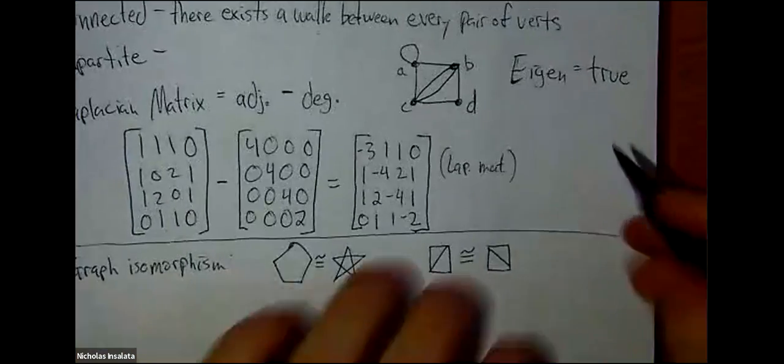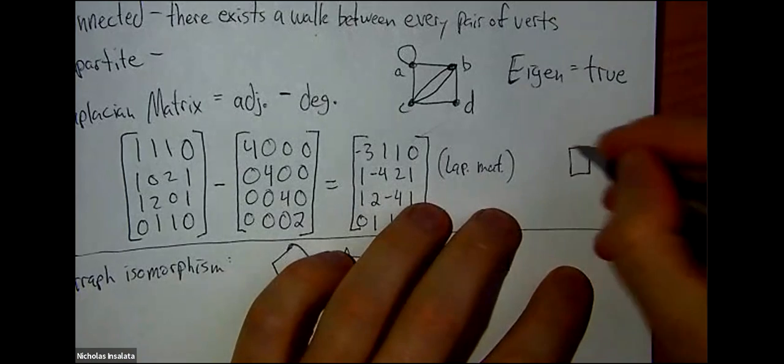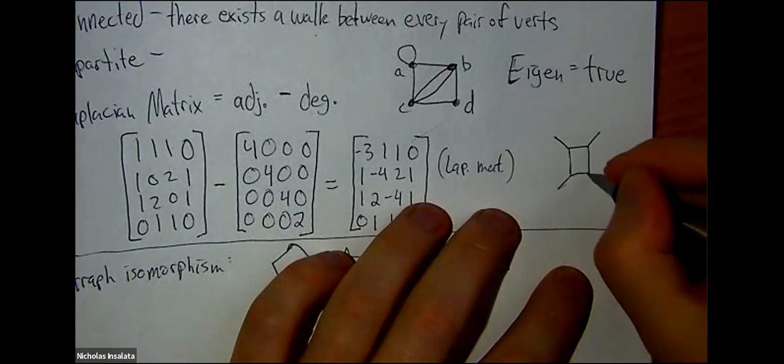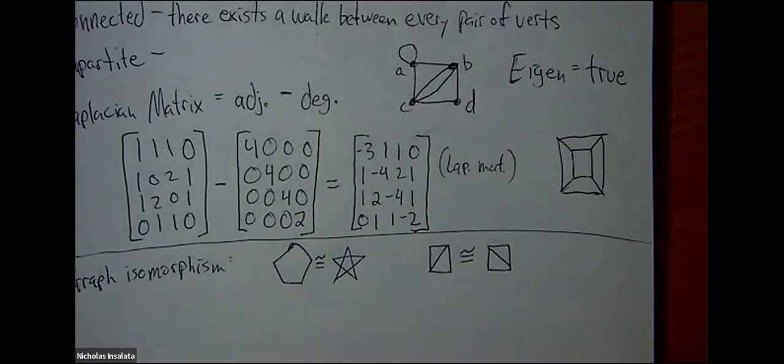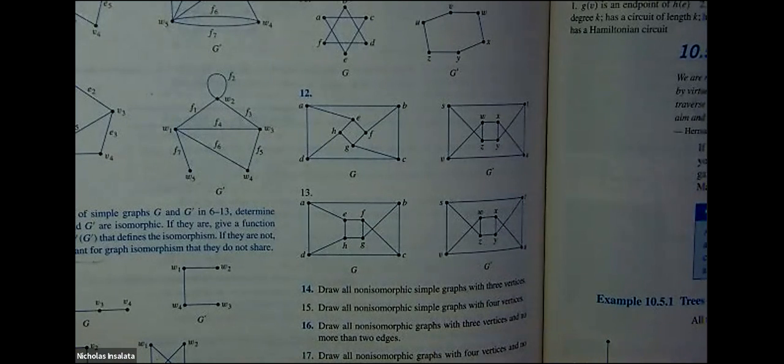So if I draw a cube, looking at it from the front, it looks like this, right? So that's the cube graph. And the question is, is the cube graph isomorphic to a cube graph with a twist in it, right? There's a single twist, yeah? So what do you think?